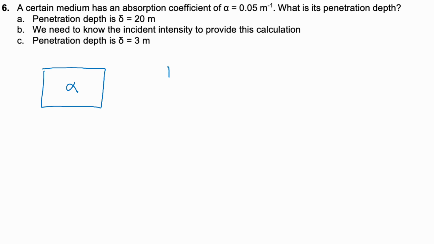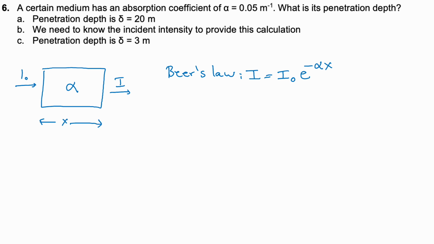If you remember, Beer's law tells us that the intensity after the light travels through a medium is going to be our incident intensity times the exponential of minus alpha x, where x is the thickness of the medium. So alpha is our absorption coefficient.